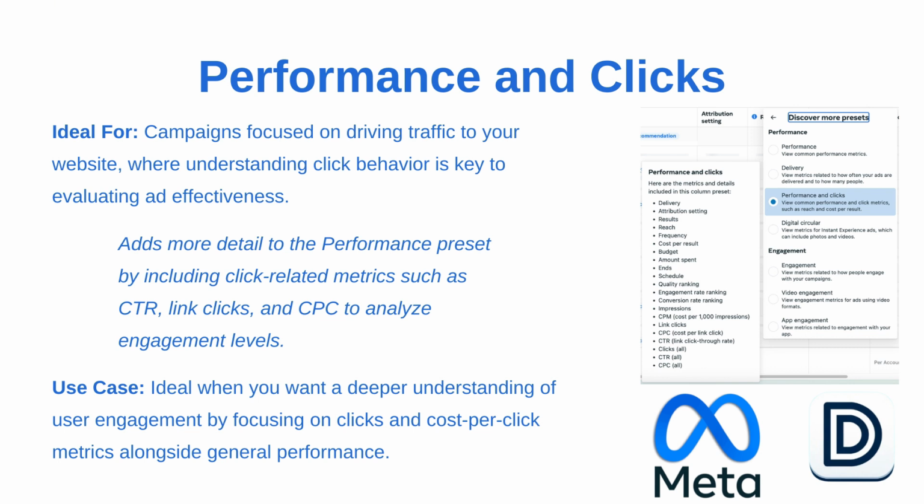It also includes things like CPM and breaks down the difference between link clicks and normal clicks, as well as some ranking metrics that can be helpful. This is ideal for when you want a deeper understanding of user engagement by focusing on clicks and cost per click metrics alongside general performance.